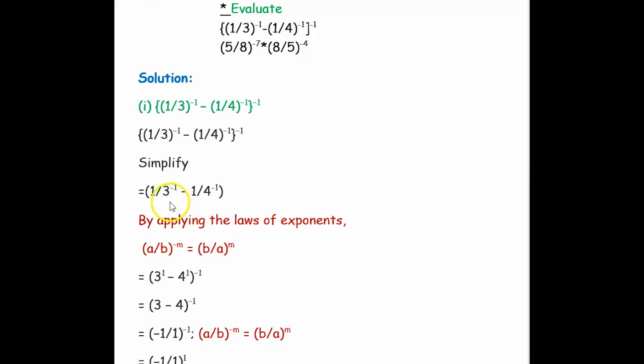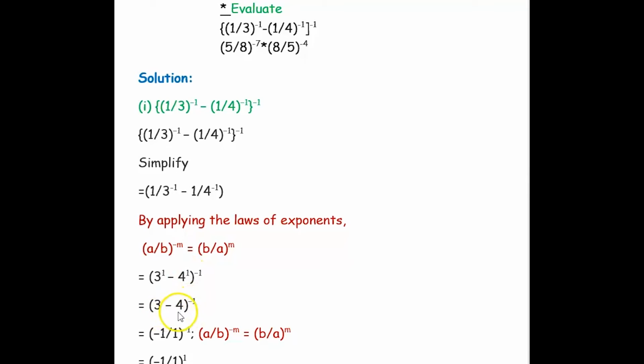So, here 1 divided by 3 raised to the power negative 1 can be written as 3 raised to the power positive 1 divided by 1, minus, 1 divided by 4 raised to the power negative 1 can be written as 4 raised to the power 1 divided by 1. We have raised to the power negative 1 common, so we are writing it here. 3 raised to the power 1 is 3 and 4 raised to the power 1 is 4.